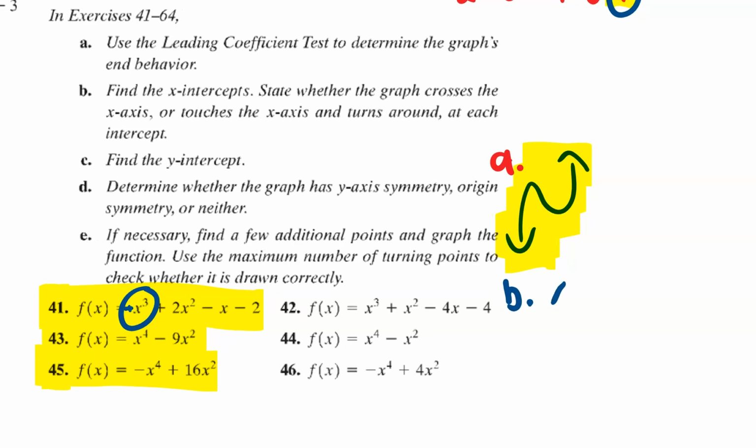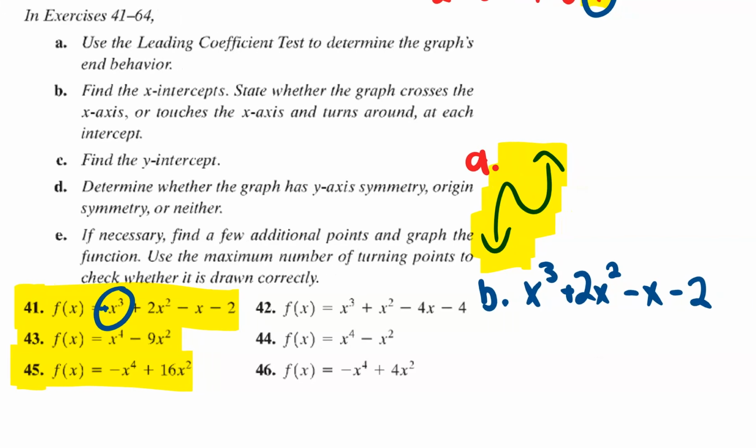So we have x cubed plus 2x squared minus x minus 2. So since this has 4 terms, I am going to use factor by grouping to factor this. There's no GCF I can take out first, so I'm just going to jump straight into factor by grouping. When I factor by grouping, I put a line down the middle.